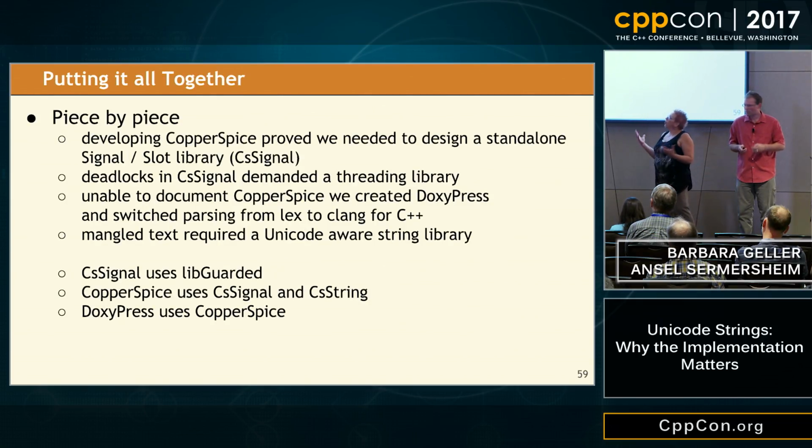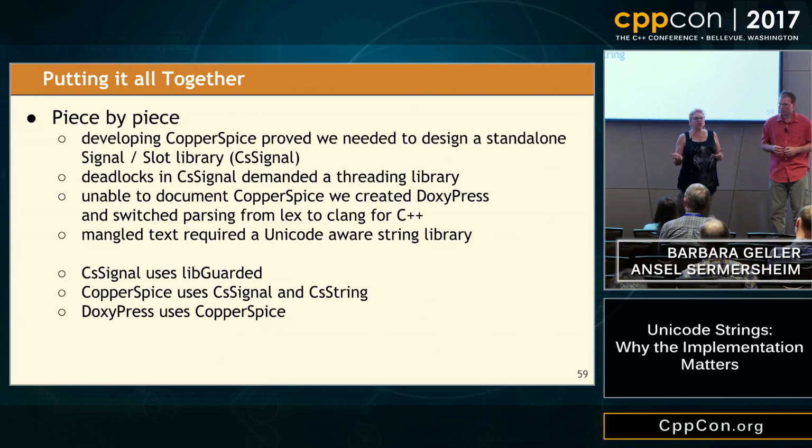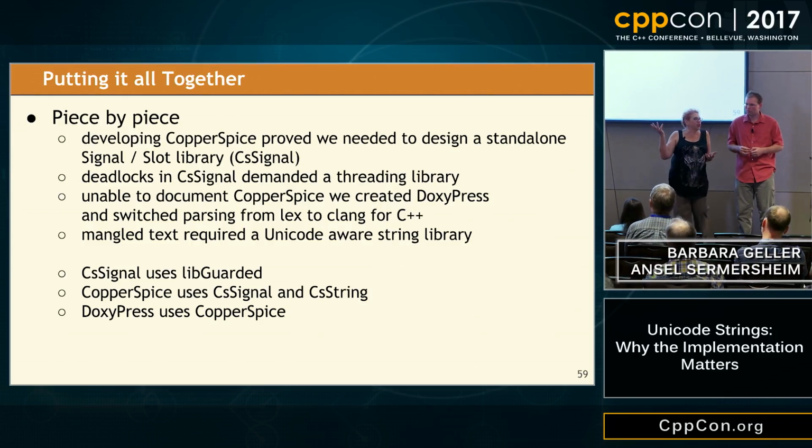So this is sort of why we did everything. We're working on CopperSpice, we're working on DoxyPress, and we needed ways to handle strings. This is an overview of how everything comes together for us as we are integrating everything back into CsString 8. As we do this in CopperSpice, we're going to be able to add some using statements and then do a CsString at a UTF-16 and have everything there based on our library.